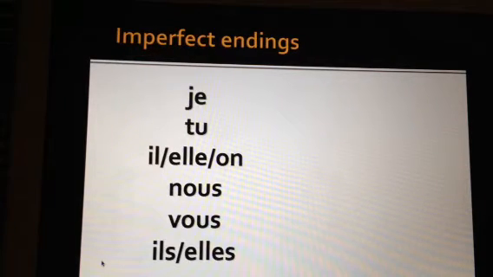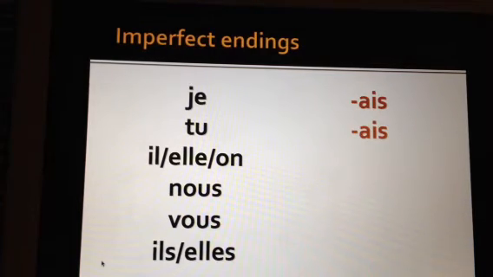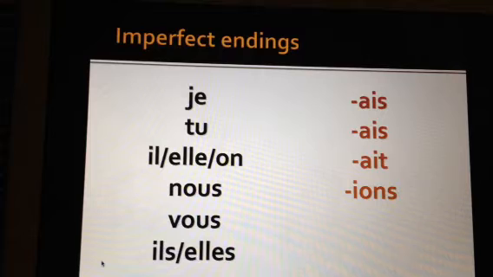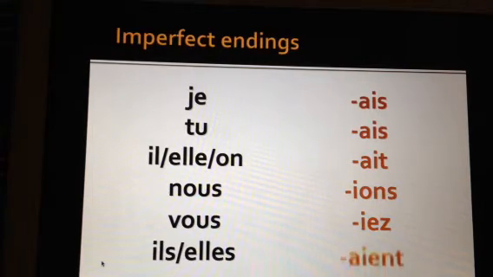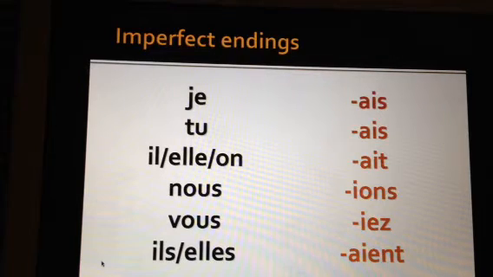And then to the stem you add the imperfect endings. Those are ais for je, ais for tu, ait for il, elle, on. All three of those sound like a at the end. Ions for nous, iez for vous, and aient for ils, elles.